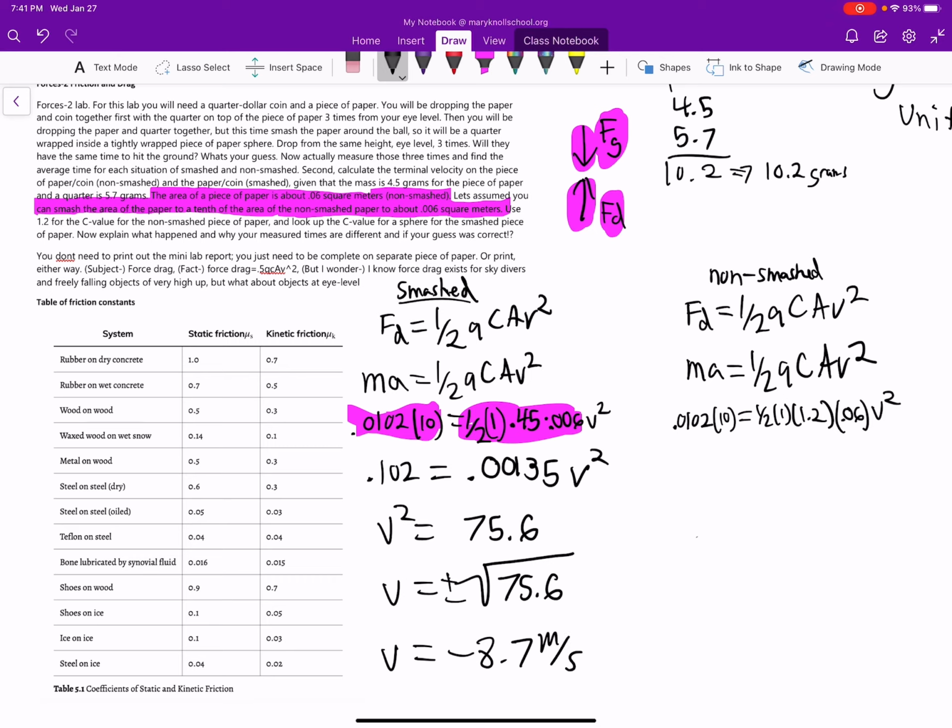Okay, so this next one, let's go ahead and simplify this one. So 0.0102 multiplied by 10, which is going to be 0.102, equals, now again, I'm going to have to use the calculator for this one.